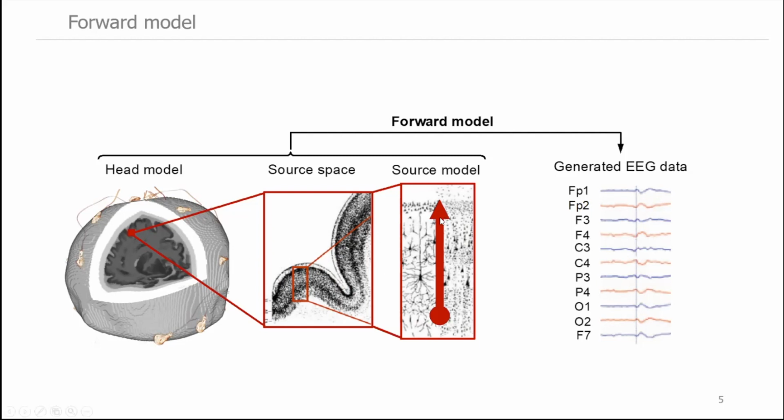And then you have a source model, which basically is a dipole or a little battery that you would place inside all of the gray matter regions to then simulate, okay, what does the EEG look like?